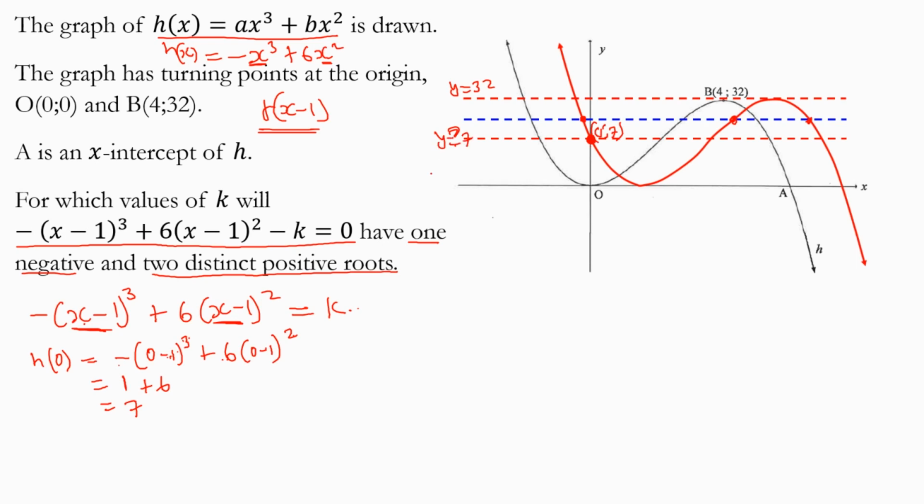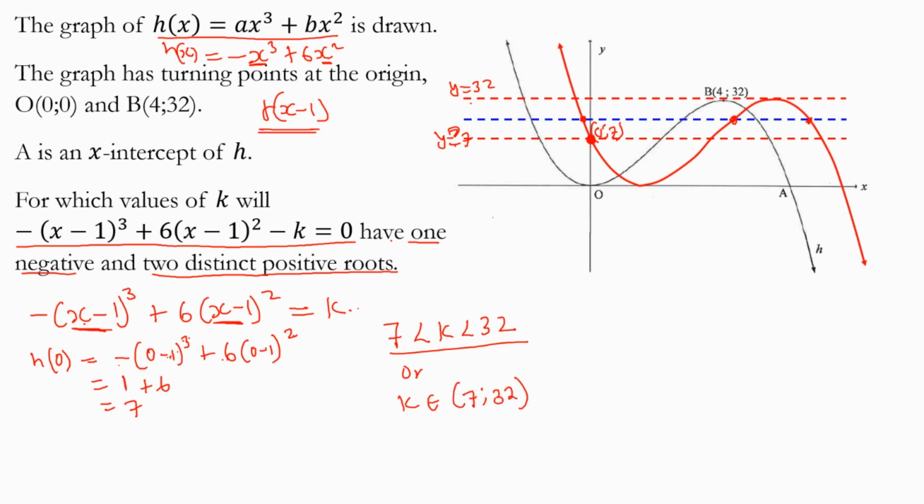So for which values of k will this equation have 1 negative and 2 distinct positive roots? When k is between 32 and 7, meaning when k is greater than 7 but less than 32, or you can say k is an element of 7 to 32.